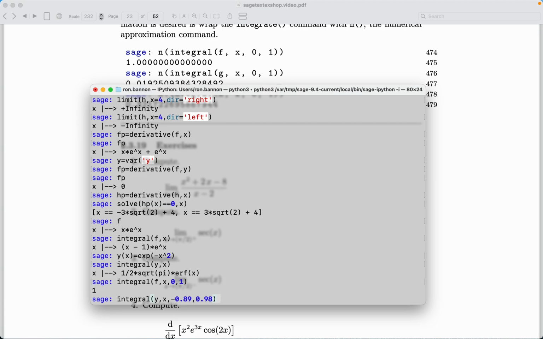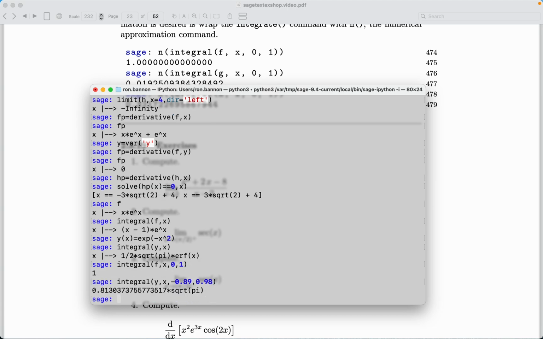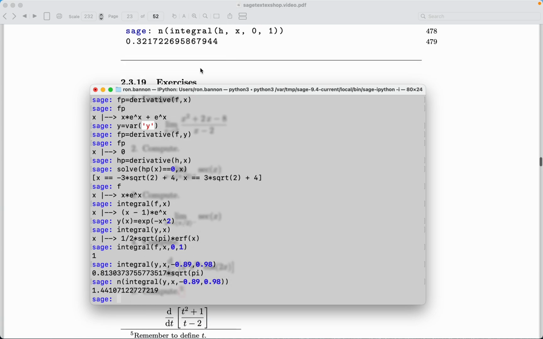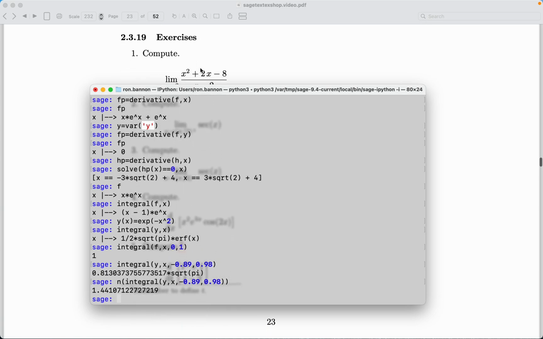I'm just making that up, by the way. All right, you see you get an answer there, and certainly if I want to do a numerical integral, let's do that. I'm going to just type this in here. I copy paste. All right, I get an approximation. Get the idea. Then there are some exercises for you to work through.